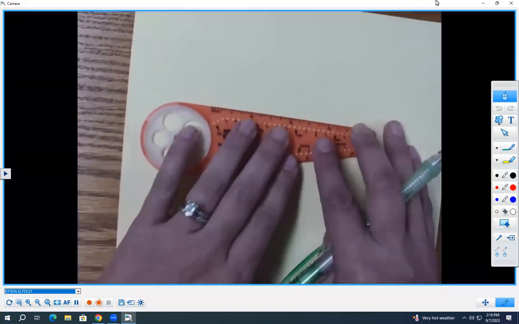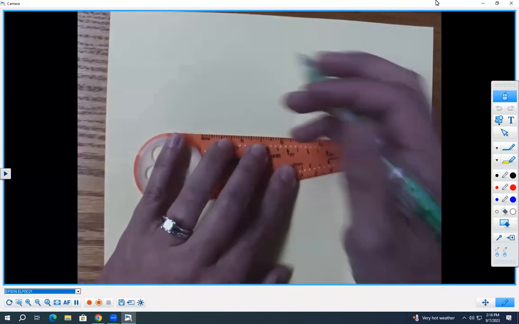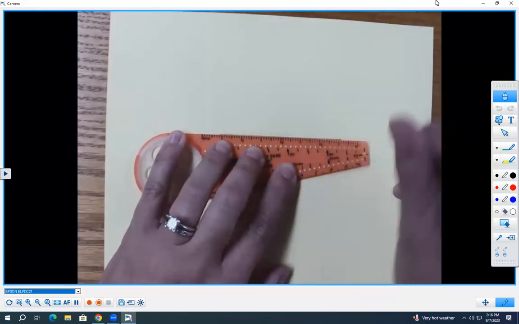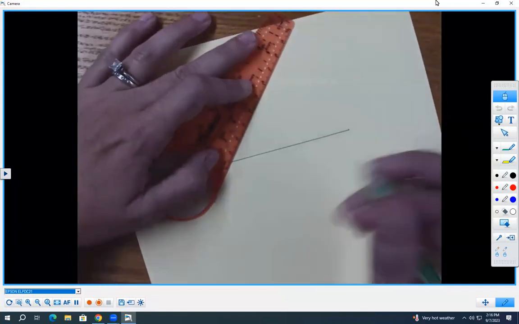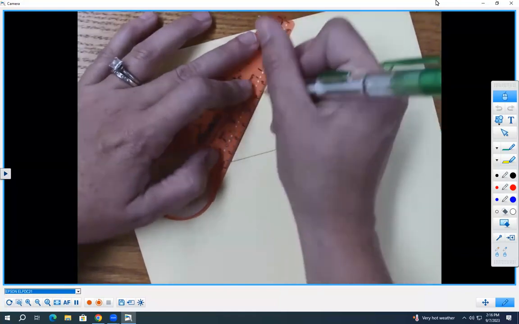So the way we duplicate an angle, let's start off by drawing an angle. Everybody draw some sort of acute angle on your paper. We can do it with an obtuse, but just so that we all have the same idea. Draw a line segment and then another line segment that meet at a vertex.